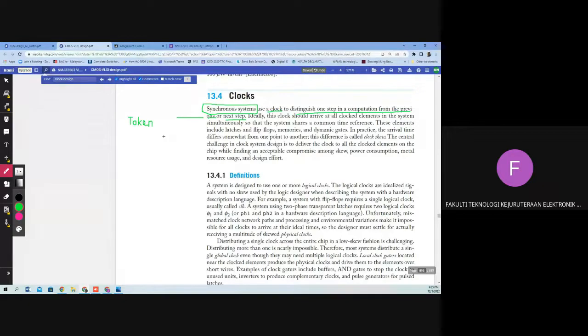So we use a clock. Ideally, this clock should arrive at all clock elements. We have discussed latch and flip-flop; these two are examples of clock elements.